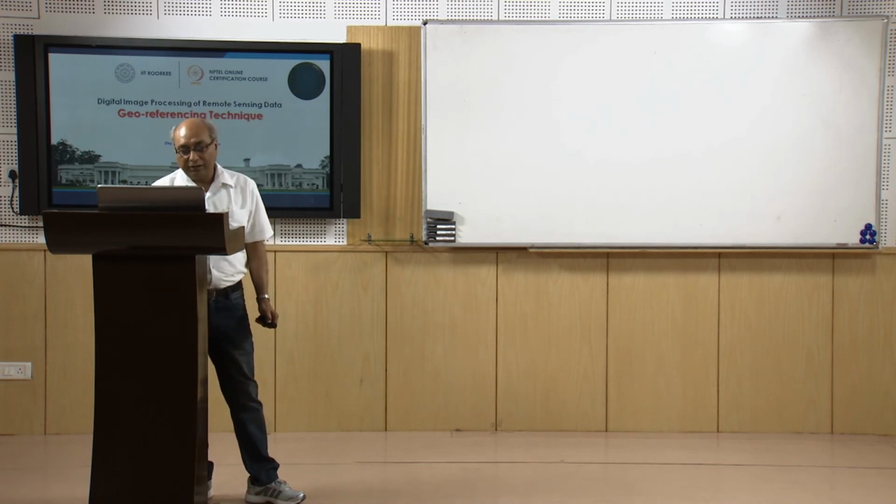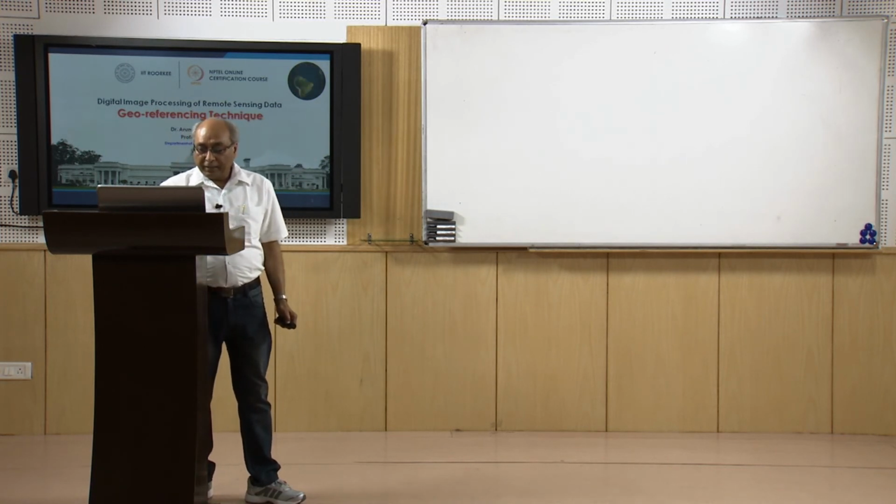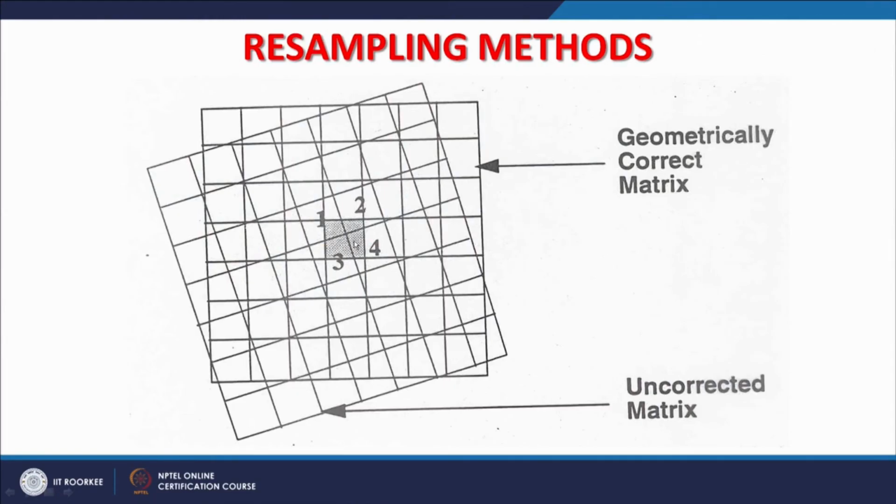But if we want to involve 1, 2, 3 and 4, because they are overlapping in different proportions, then we go for a weighted average, where the one with the maximum overlap carries more weightage while deciding the pixel value of the target pixel. All 4 pixel values are involved in the calculation.